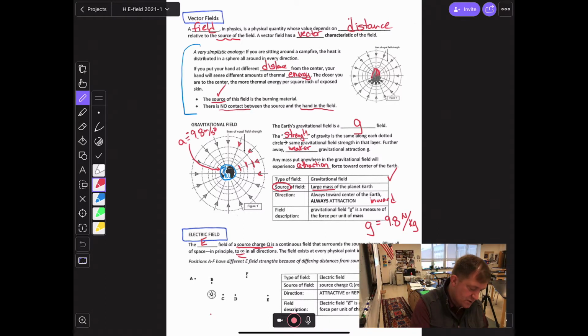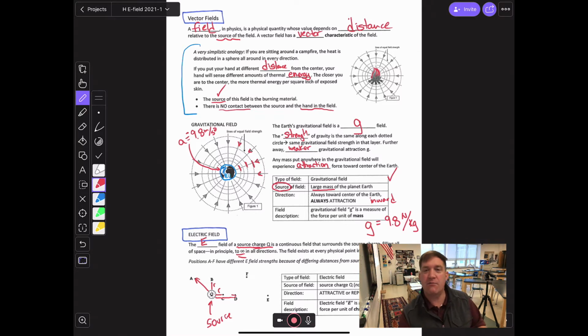So if here's our source charge Q, this is a little weird, but let's explore this, and you measure out distances r. B and C look to be about the same distance away, and I think they are if you measured it with a ruler. And positions A through F have different E field strengths because they have different distances from Q. C and B look very similar, and I don't know if you can tell this, but A and D are about the same distance away too.